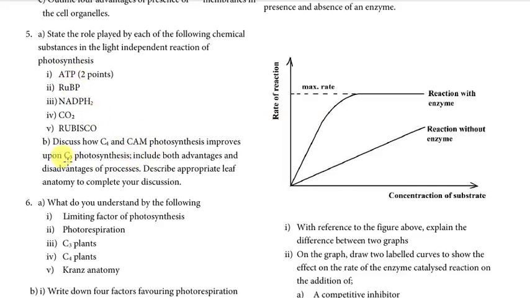And then part B, discuss how C4 photosynthesis improve upon C3 photosynthesis, include both advantages and disadvantages of processes, describe appropriate leaf anatomy to complete your discussion.